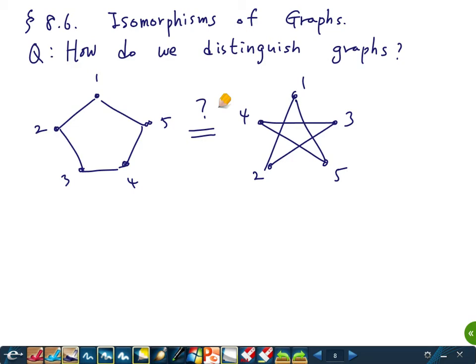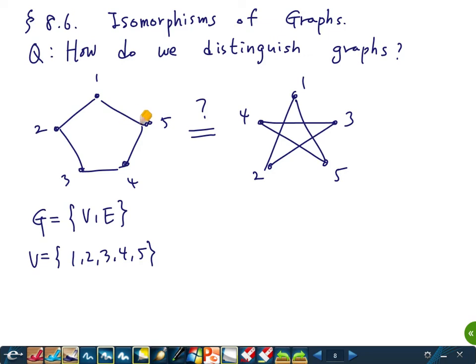Just by using the definition, a graph in this case consists of two sets, V and E. What is V? 1, 2, 3, 4, 5. We don't really care about the drawing of this graph.